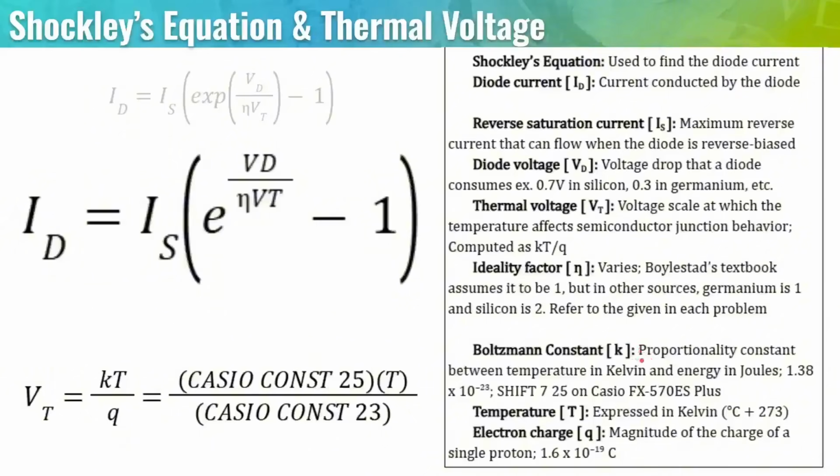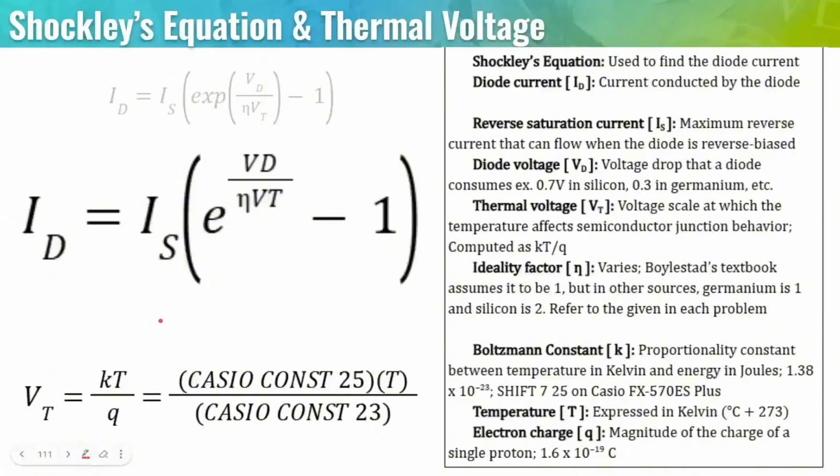This Boltzmann constant is a proportionality constant between temperature in Kelvin and energy in joules. It has a value of 1.38 times 10 raised to the negative 23 power if you're using two decimal places. Next, the temperature is expressed in Kelvin. Remember my example earlier about degrees Celsius and Kelvin. T sub 2 minus T sub 1 ensures that you can use either Kelvin or Celsius, but this one uses only Kelvin because we are scaling from absolute zero.